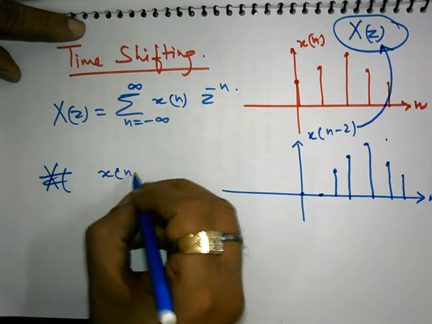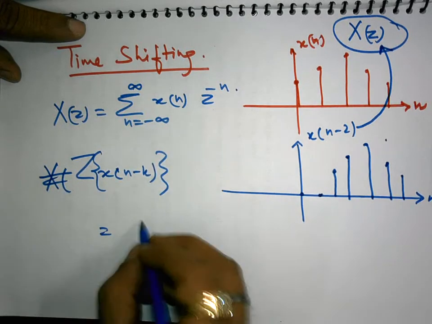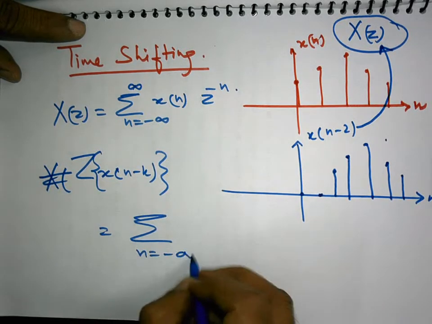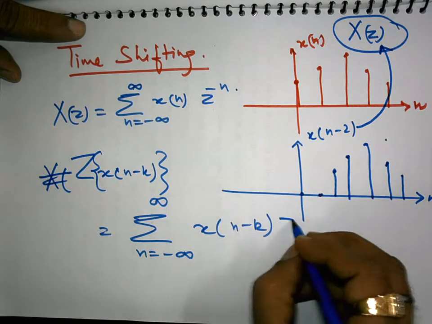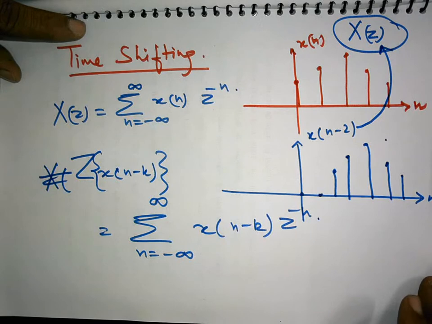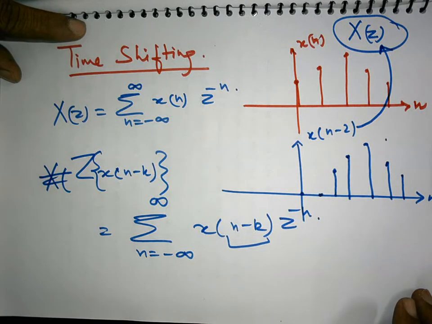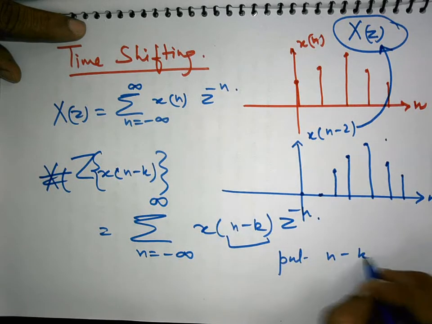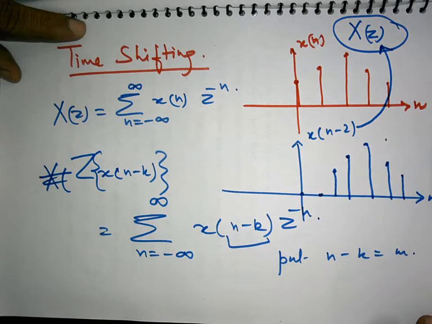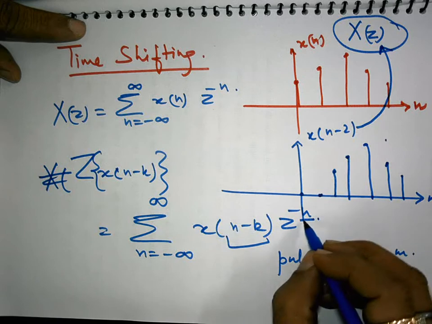The z transform of x[n minus k] can be defined as the summation from n equal to minus infinity to infinity of x[n minus k] z to the power minus n. If you put n minus k equal to m, what will result over here?